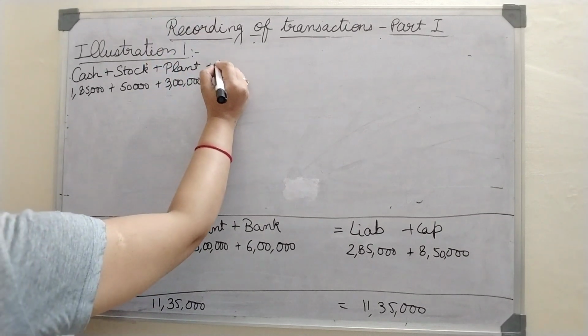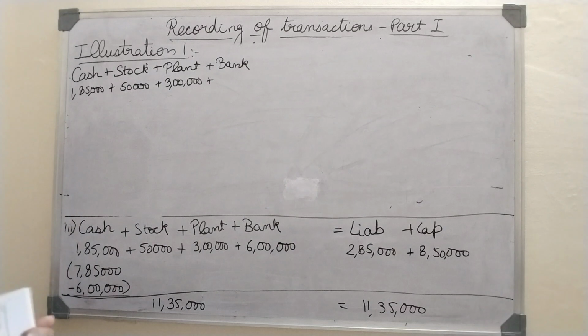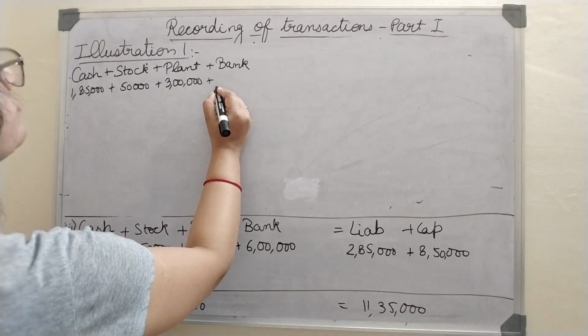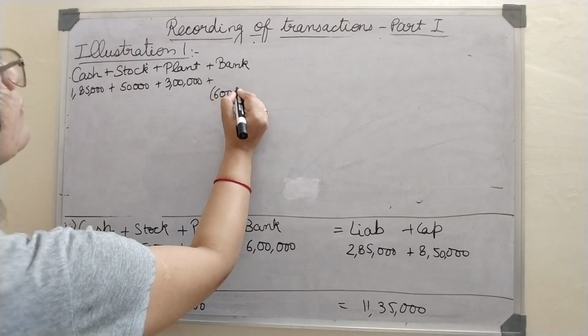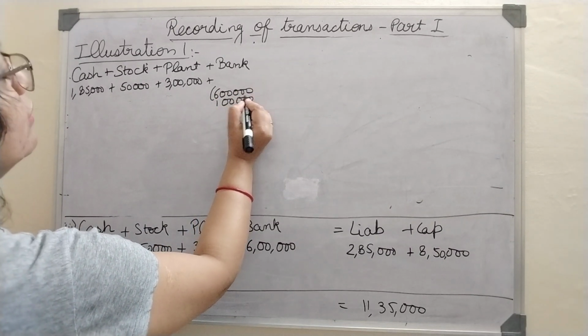Then we have bank. Now bank is affected, right? We have purchased office furniture and the furniture is costing 1 lakh which we have made by payment by check. So whenever payment is made by check, we have to deduct it from bank. So bank is 6 lakh. So from 6 lakh I have to deduct 1 lakh for furniture.